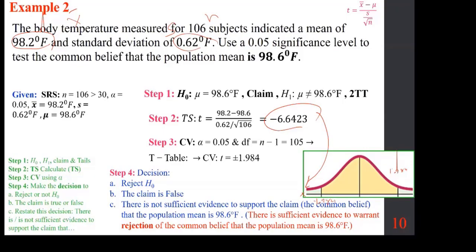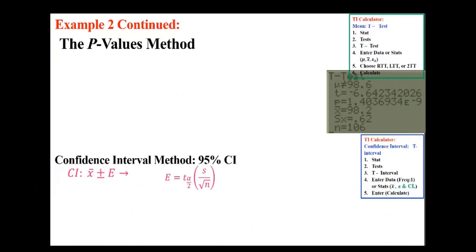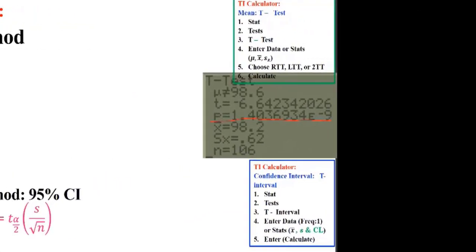According to the p-value, the methodology is as follows. In the case of a p-value, you find the area to the left of negative 6.6423 and you multiply it by 2 because it's a two-tailed test. Let's look at the technology. This is the p-value: 1.4036934 times 10 to the power of negative 9.